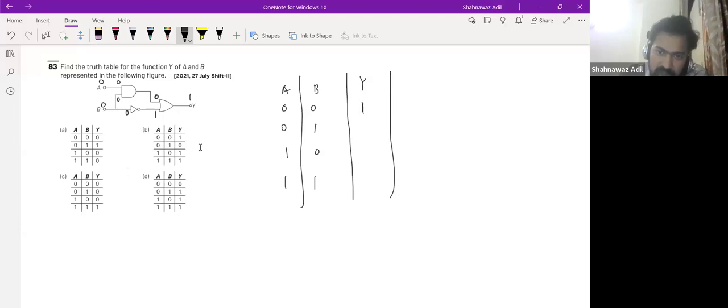So we have 1. Only one option we have to solve, the answer is clear. Or if we do the Boolean algebra, so from Boolean algebra, can we do this?